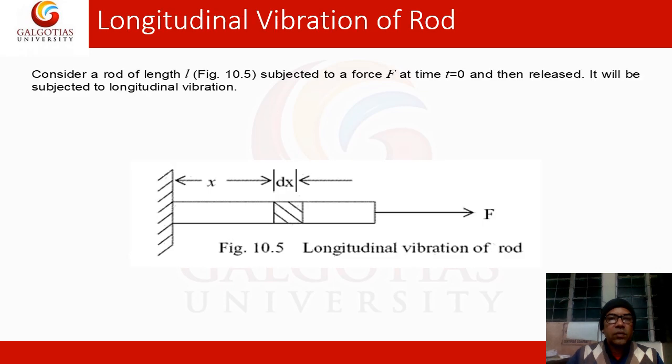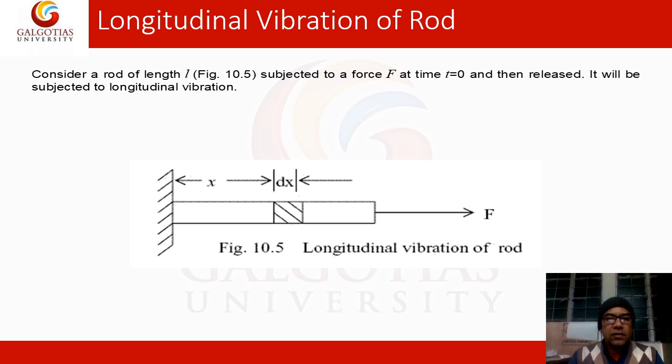For the longitudinal vibration of a rod, consider a rod of length L subjected to a force F at time t equal to 0. Then release it. It will be subjected to longitudinal vibration. You can see here the rod, with an elemental length dx at a distance x from one end, and the force F is applied longitudinally.